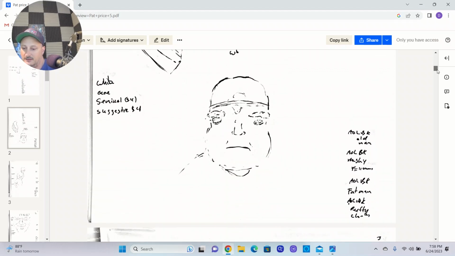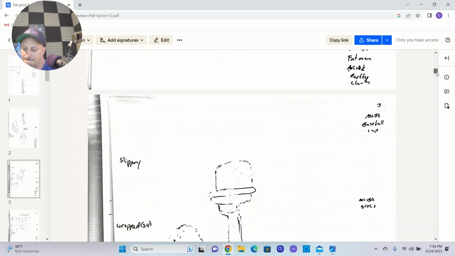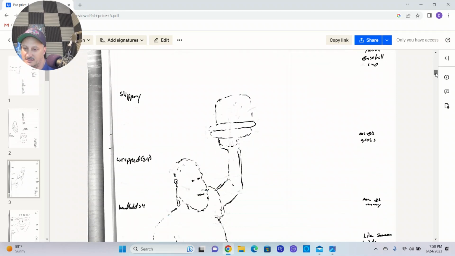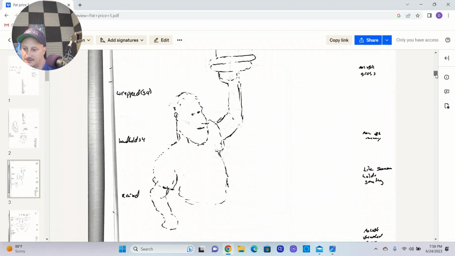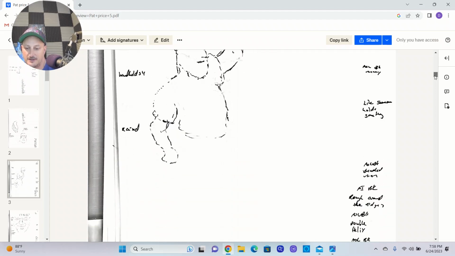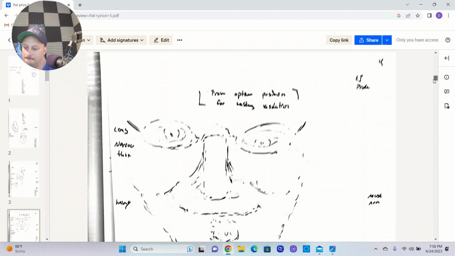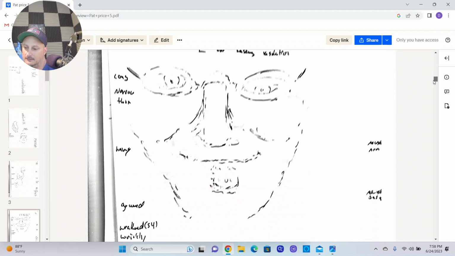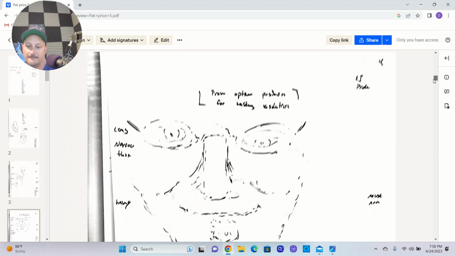So kind of early on, I'm getting an older guy. And I'm getting a sense he's there. He's basically being served like a restaurant. This is a sketch I did of Pat.